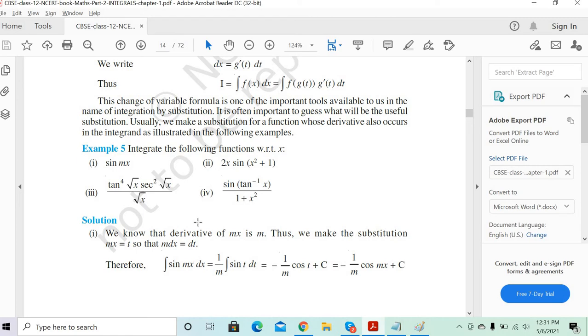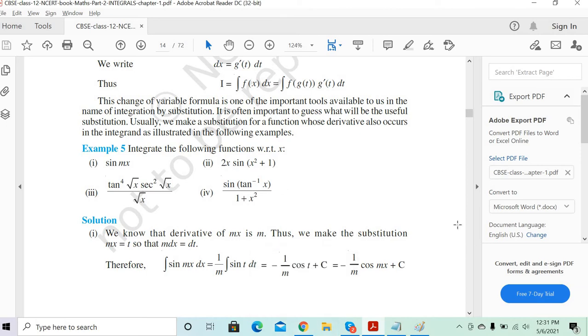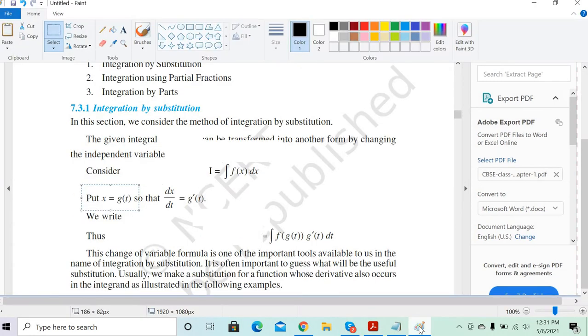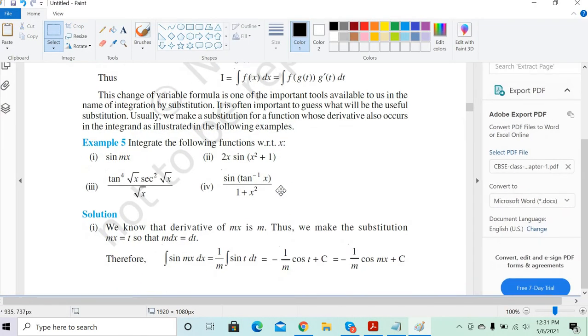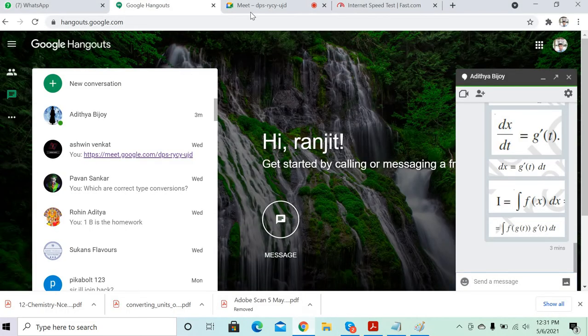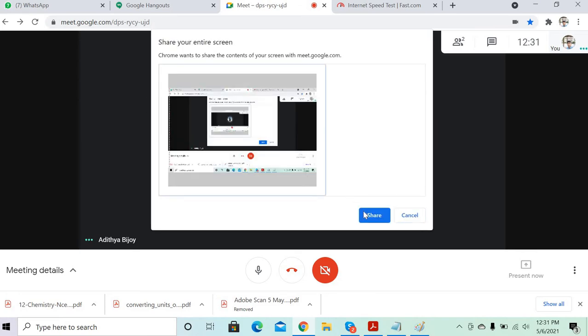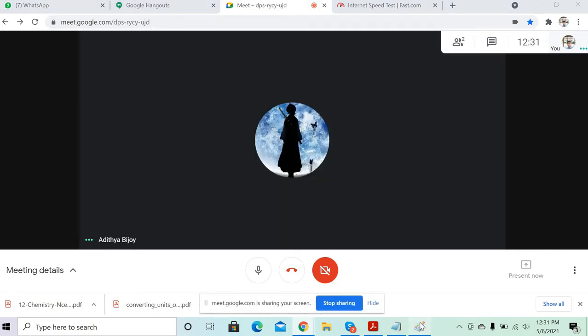I'll share my screen and show you, because if I explain this one thing, the rest is all in the same format. So let's go with this format, Vijay.